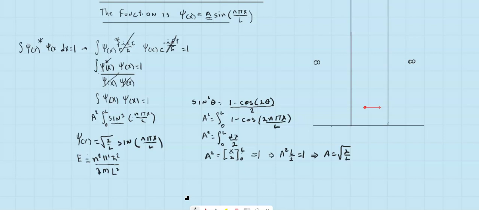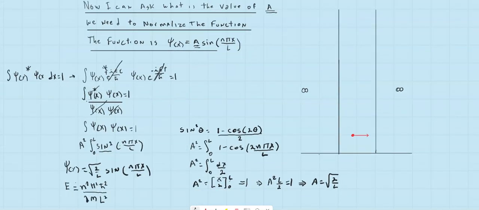So now, looking at this right here, let me erase this for a second. I know that my first energy state is going to be like this. And I know that at this level right here, let me explain something. My function does something like this. But remember, what are we going to do?